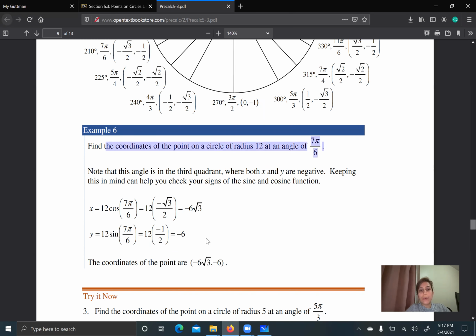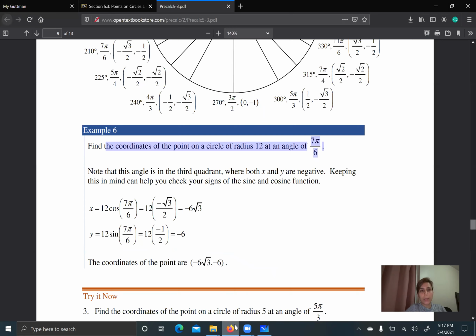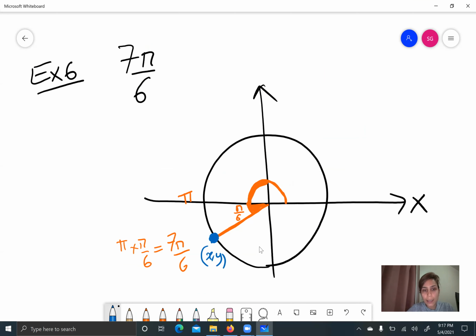So if I just find the x, y coordinates of 7 pi over 6, then because the radius is 12, I just multiply by 12. That's the only thing I need. I need to find this x and y. This x is this x value, and y is this y value.